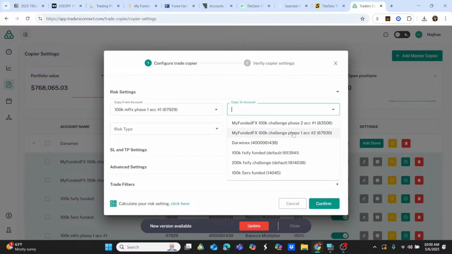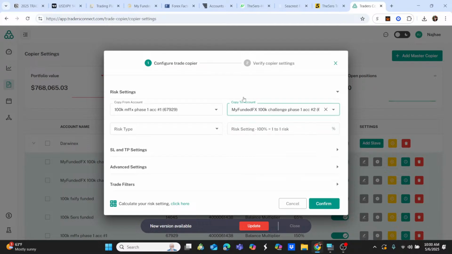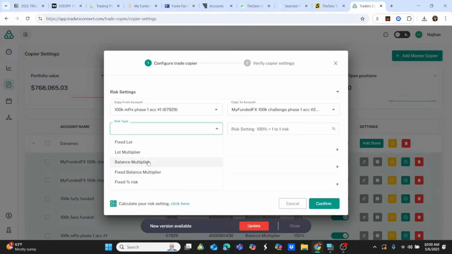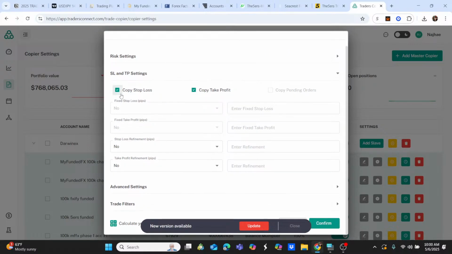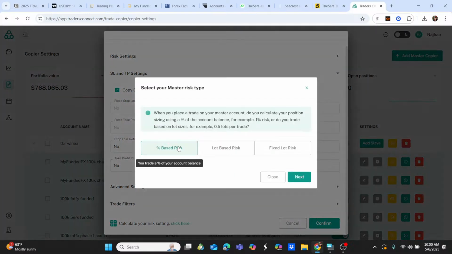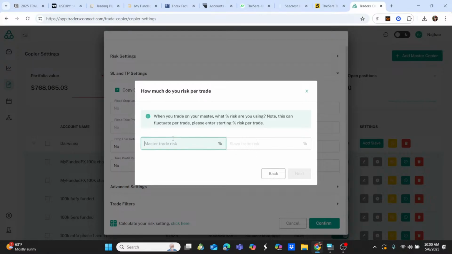Okay, this is phase 1 account number 2, so that's where I'm gonna do it right here. I'm gonna do balance multiplier. So you always want to have a stop loss and take profit, so I want to copy that. Calculate my risk settings. On the main account, I'm gonna be risking 1.5 because these are just challenges.